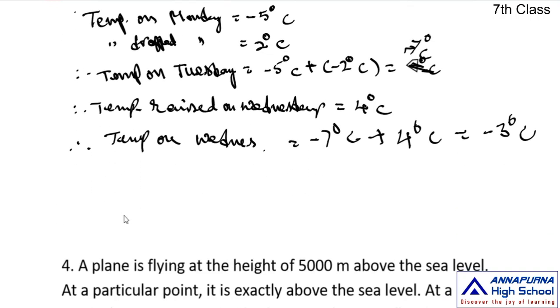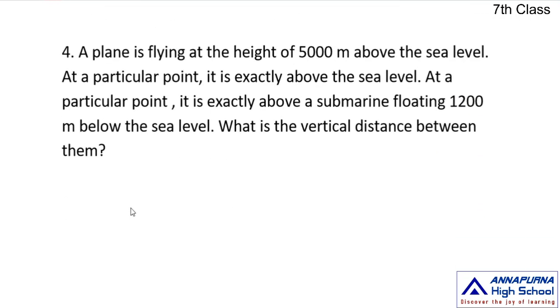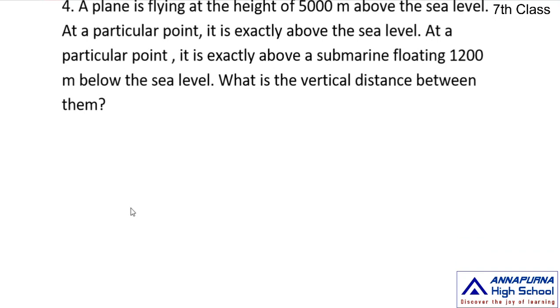Come to the fourth one. First, read the problem thoroughly. A plane is flying at a height of 500 meters above the sea level. At a particular point, it is exactly above a submarine floating 1200 meters below the sea level.